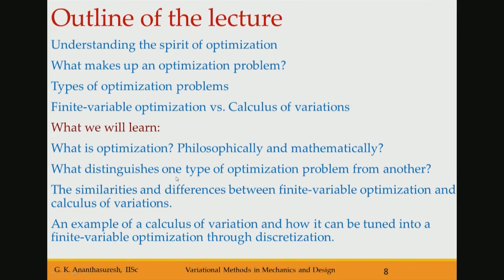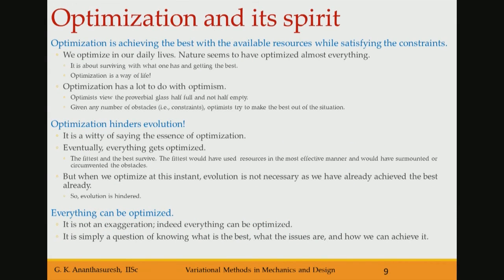We learn a number of things. First of all, we will understand philosophically and mathematically, analytically, what optimization means, and then we want to be able to distinguish among the different types of optimization problems, what the similarities and differences are, and we will consider some examples so that we are able to appreciate the difference between finite variable optimization and the calculus of variations problem. So, what is the spirit of optimization?